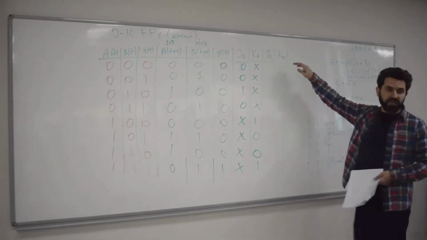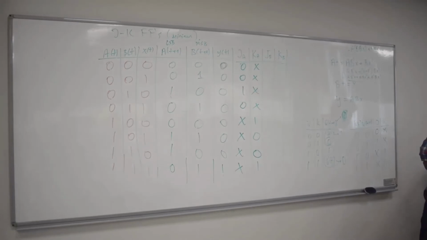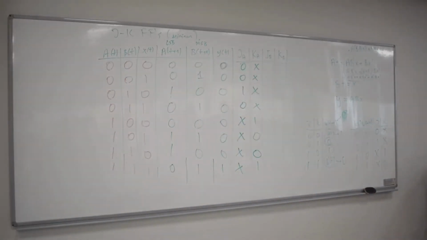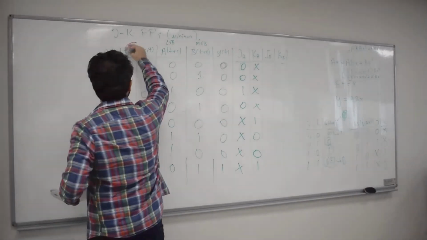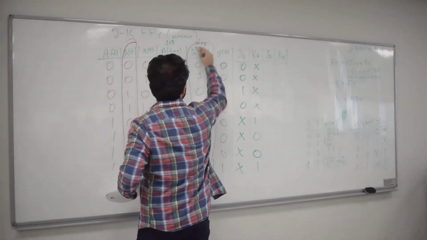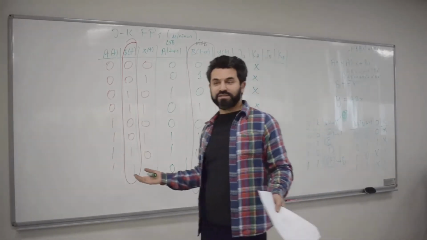And you have to do the same thing for B. In order not to confuse yourself, maybe it's a good idea to use a red color and draw these columns that are of interest to you. For example, you have to compare this and this, BT and BT plus 1. Now I'm going to use the exact same excitation table.